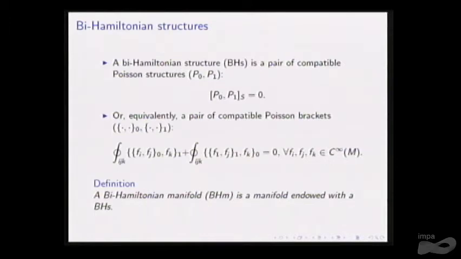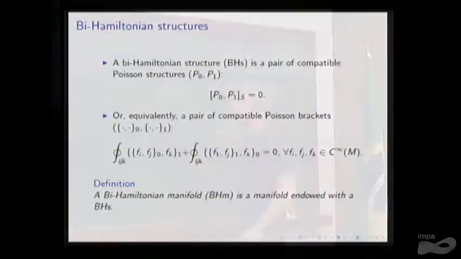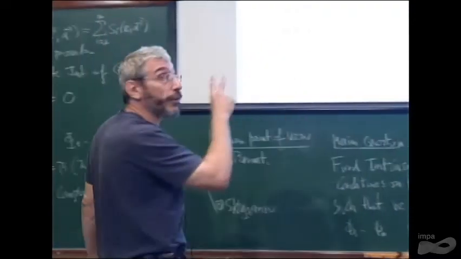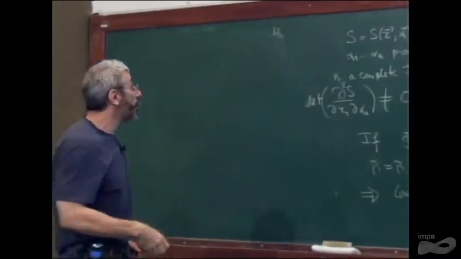Then, what is the class of Bi-Hamiltonian manifolds that we are going to study? The right class is the class where one of the two Poisson structures is invertible.